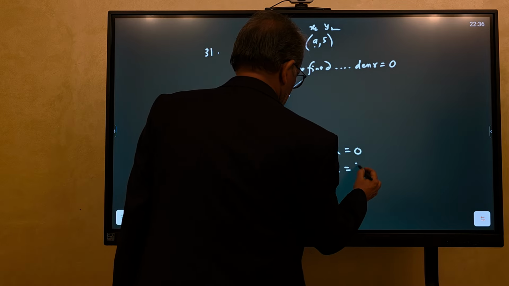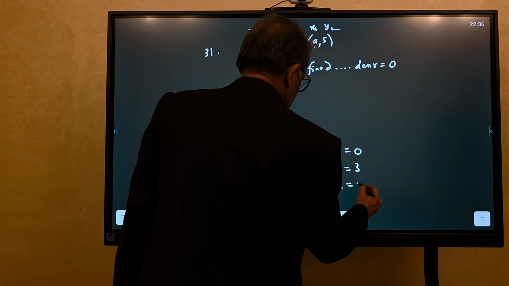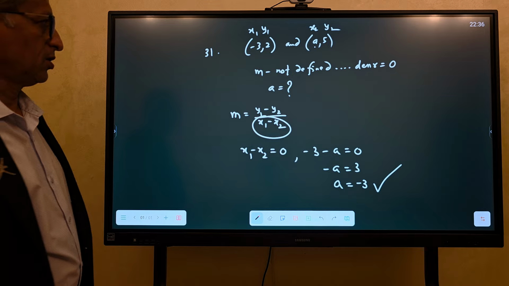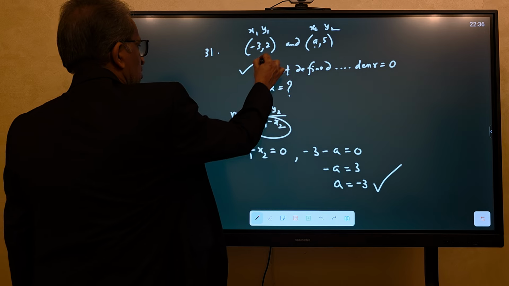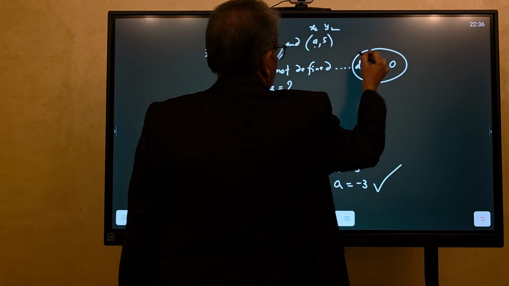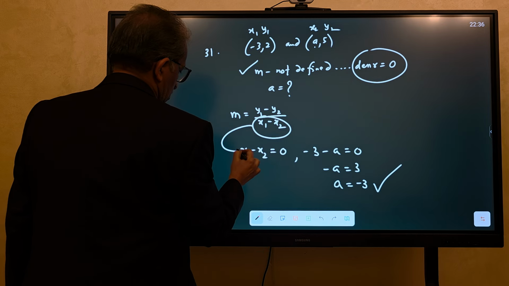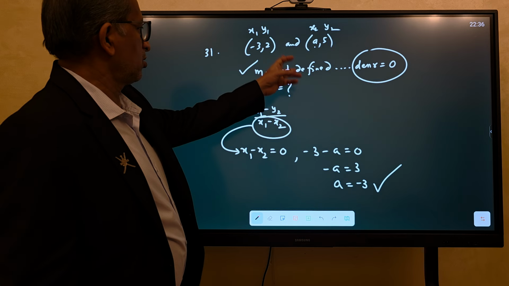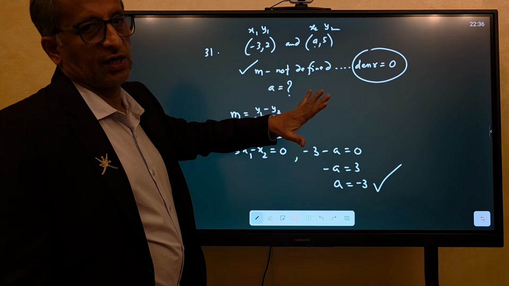Minus a equals 3. Therefore, a is equal to minus 3. That is the answer. So remember here, whenever the slope is not defined, just take the denominator as 0 and then solve it, you get it. It all depends upon how m is defined.